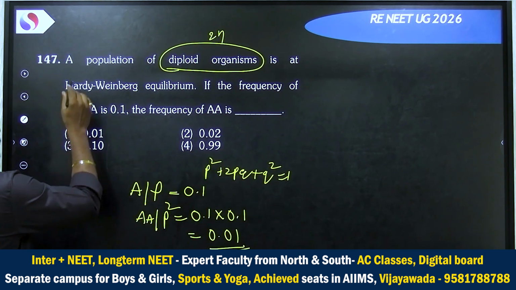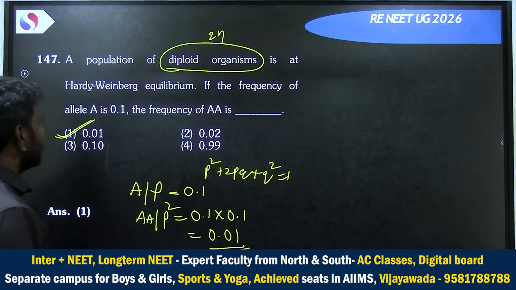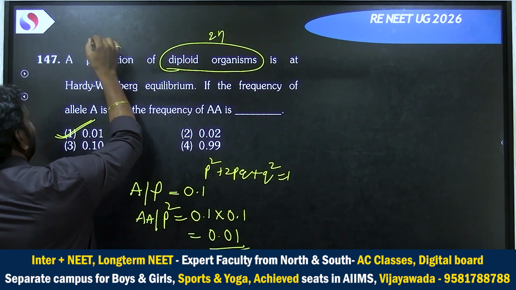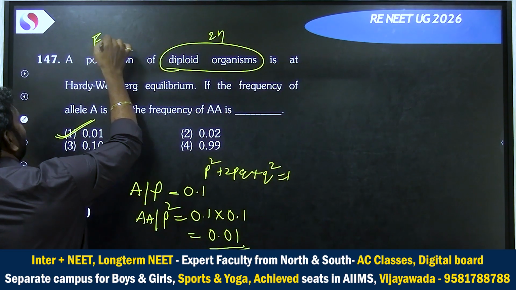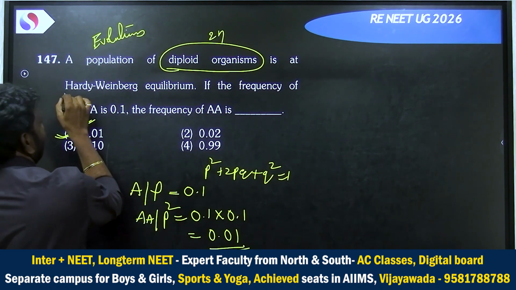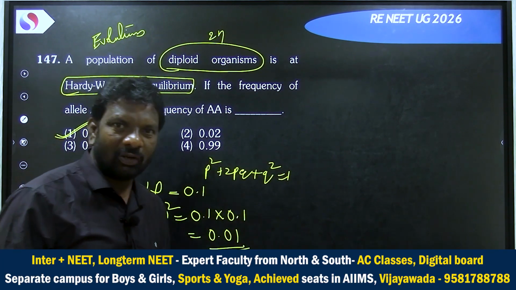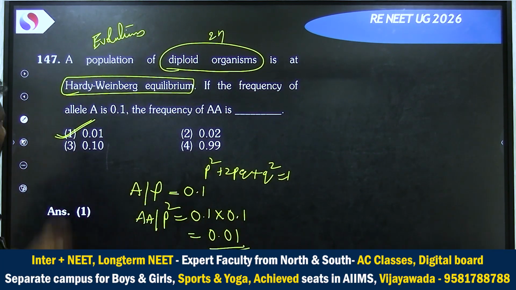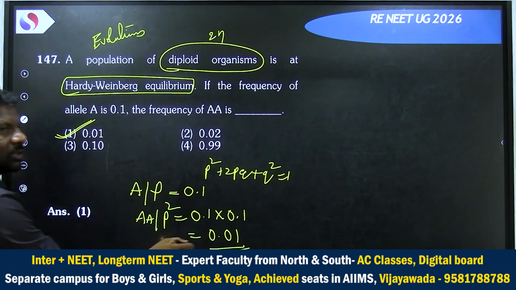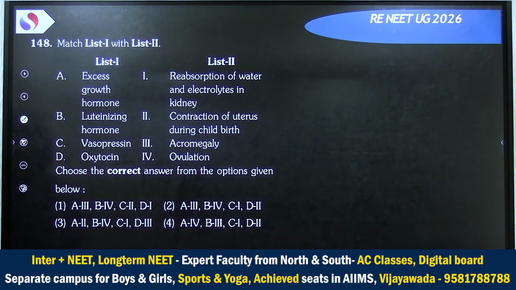So we choose the first option for this question, that is 0.01. The problem is from Hardy-Weinberg equilibrium, from the evolution unit. So the question number is 147, and the answer is 0.01.